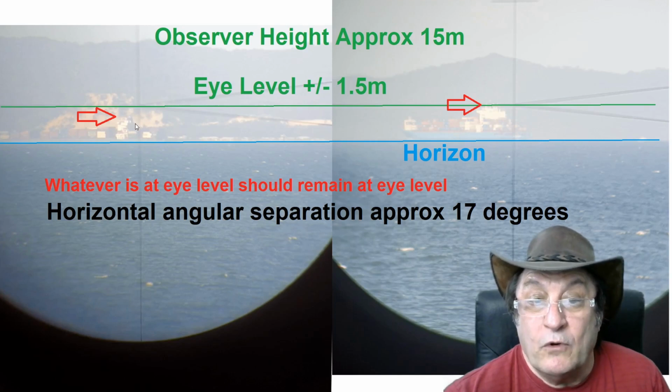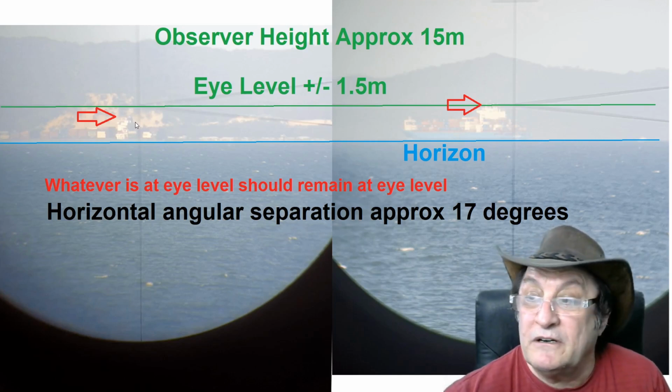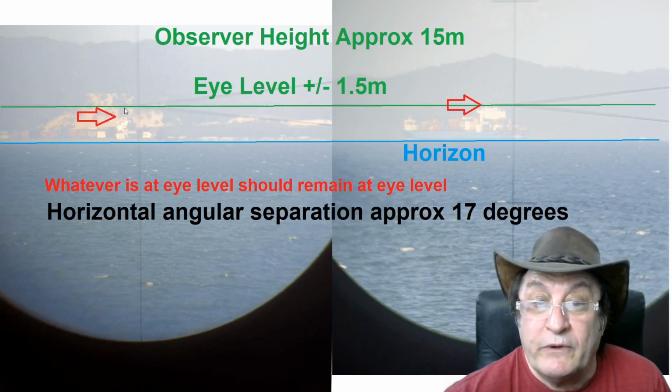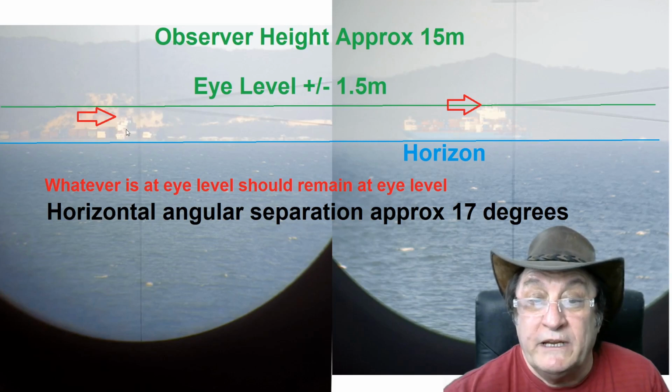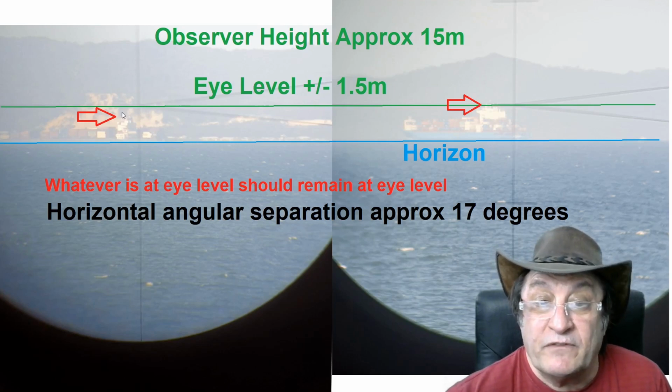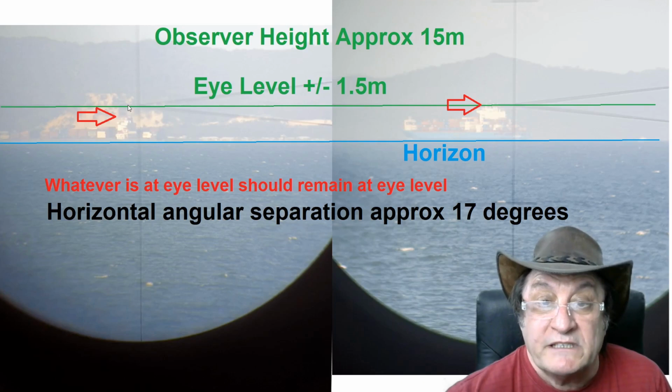If the Earth were flat, then the superstructure of the ship would be up at the green line on this left here, and the ship would shrink, but the superstructure would remain level with that green line, because if the surface of the water was level all the way out, the ship would not sink down. It's very simple.